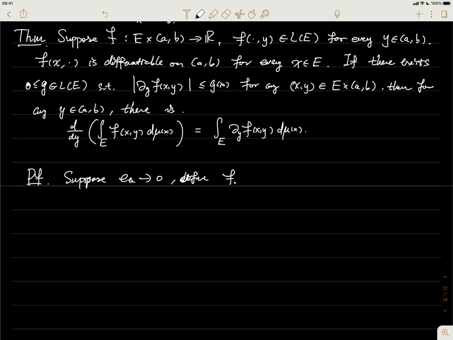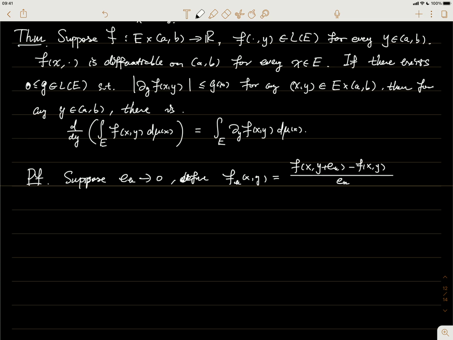And define f_k(x, y), and that is defined to be, since the derivative is only along the y direction, f(x, y + e_k) minus f(x, y), divided by e_k.